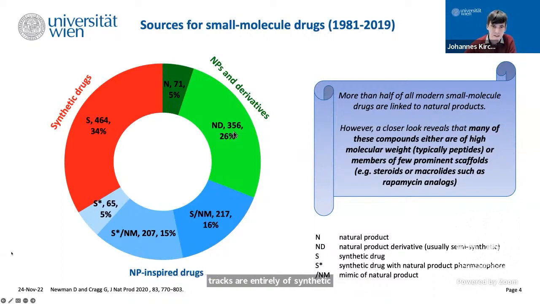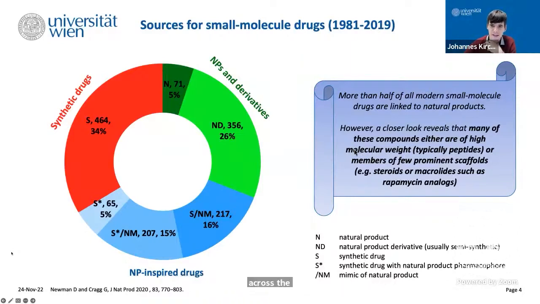But to be fair, when we look more closely into these data sets that are published in these famous works, we see that these natural product derived drugs are not equally distributed across the chemical or the drug space.